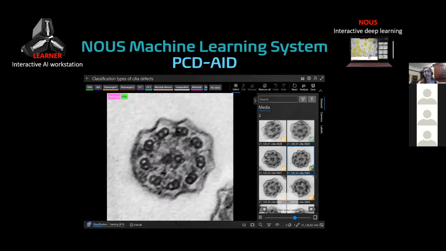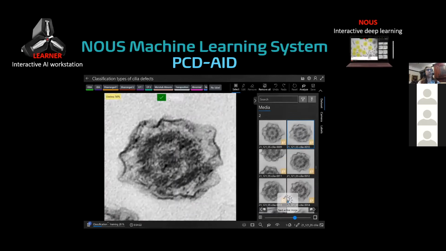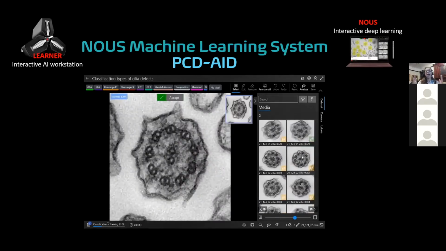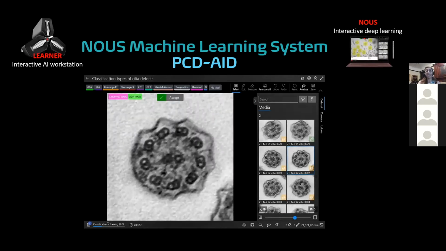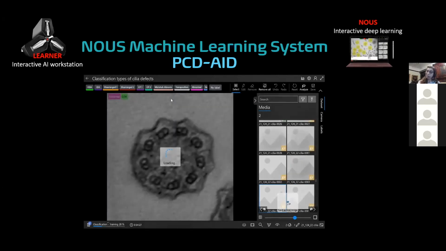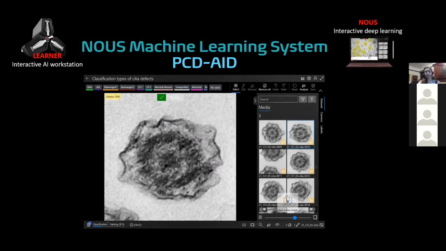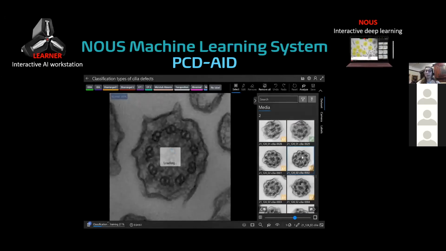So the machine now is trained with around 8,000 images of cilia from 8 different labels. I've been training them, and now the machine is already giving predictions. With regards to the dynein defect, it is always very sharp and quick to identify, because it is very reproducible from cilia to cilia.